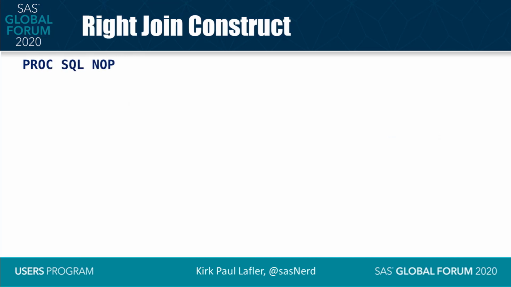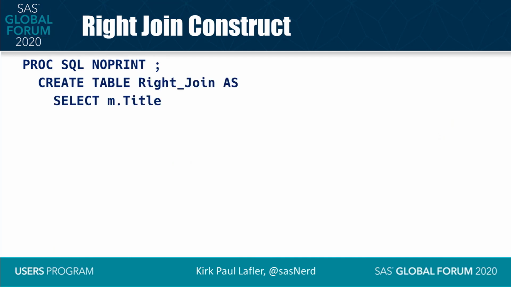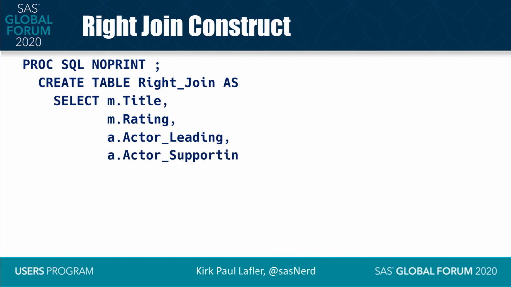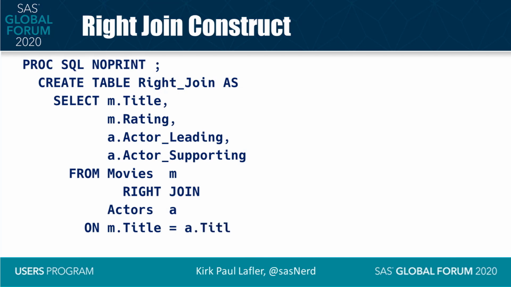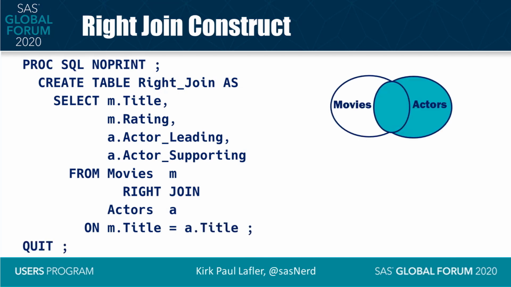Now let's turn our attention to the right join construct. Many think, well, if you have a left join construct, do you really need a right join construct? Well, I really think that it's useful because sometimes you want to make sure that you treat the second table as the controlling table or the dominant table.